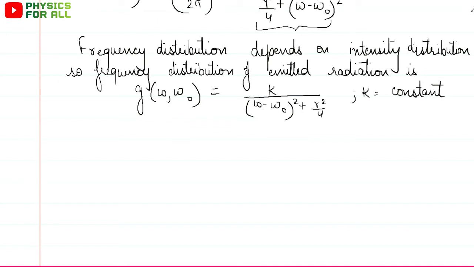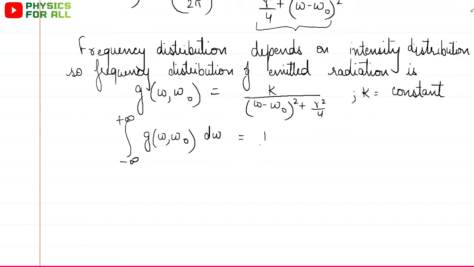This is the important one. We are going to use this. I also told that this function has to satisfy a normalization condition, which is the integral from minus infinity to plus infinity of G(omega, omega naught) d omega equal to 1.